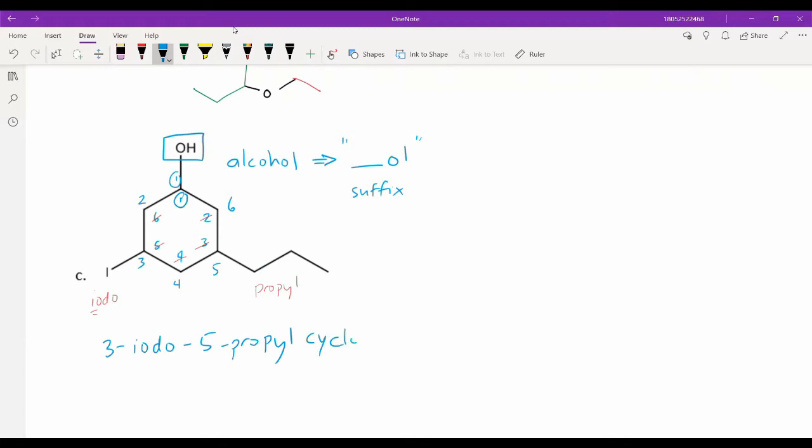And here's one thing you can note: you don't actually need to put a 1 in front of the cyclohexanol. And in most cases, it's not included. Even though if you put that, it would be correct, it's just implied because of the ring and the functional group that we know that would be the one. So just 3-iodo-5-propylcyclohexanol.